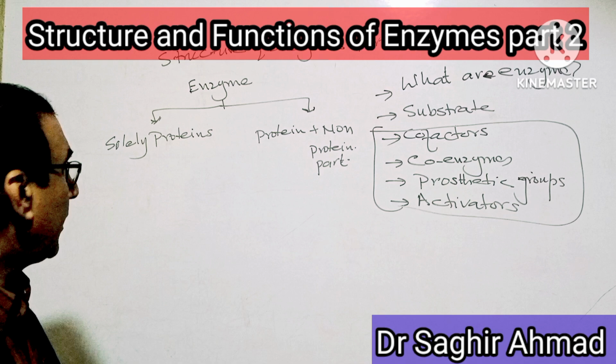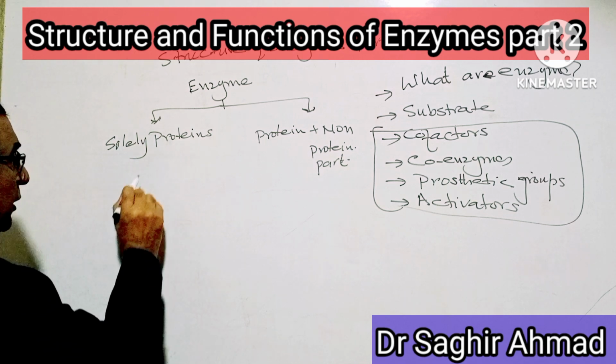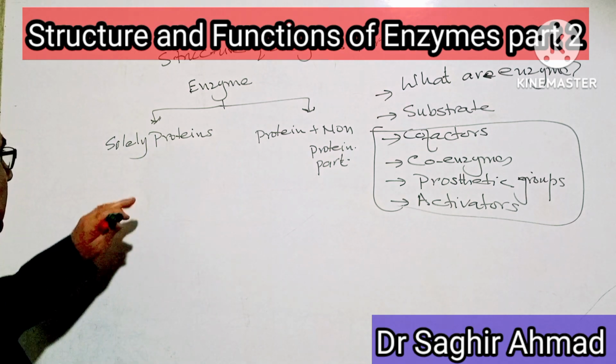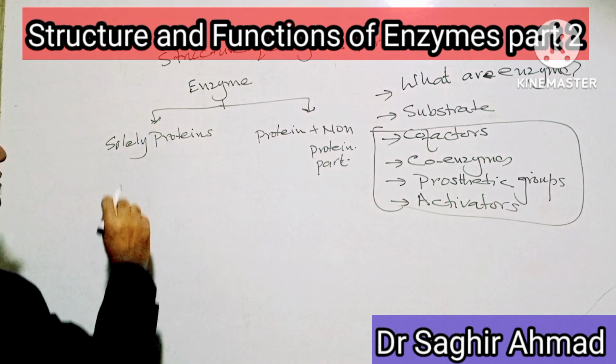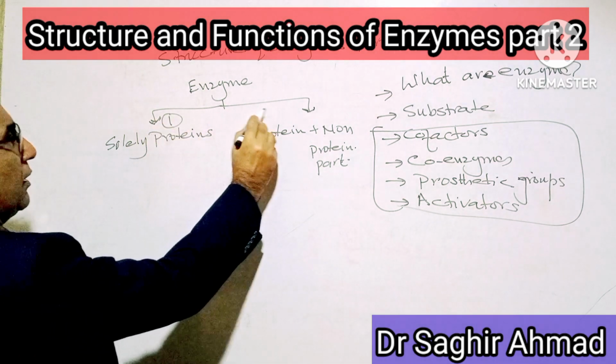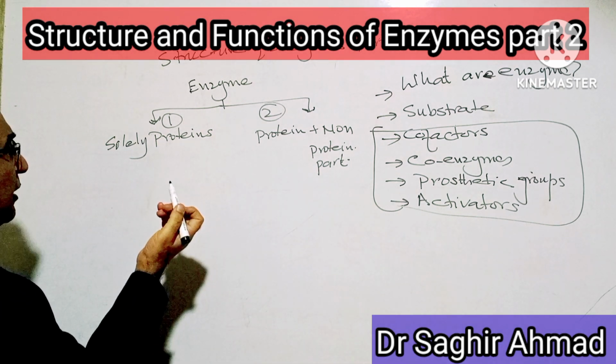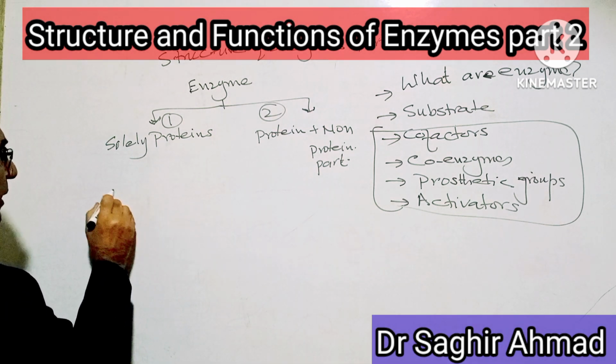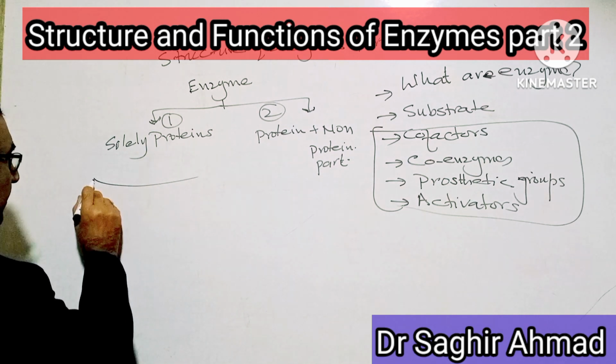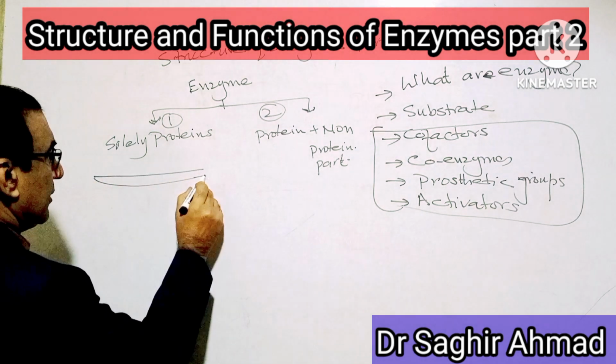Now, you take this category of the enzymes as one. This is the second category of the enzymes. This is say like a dagger. You take it as a dagger.